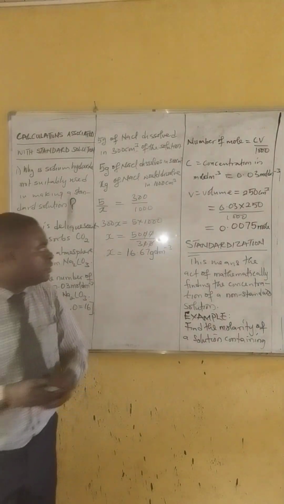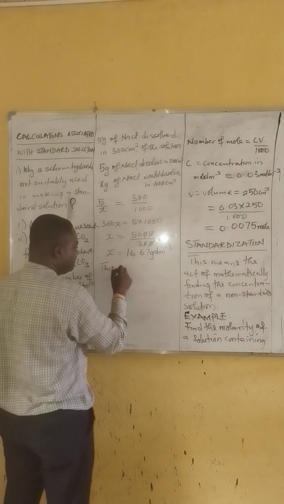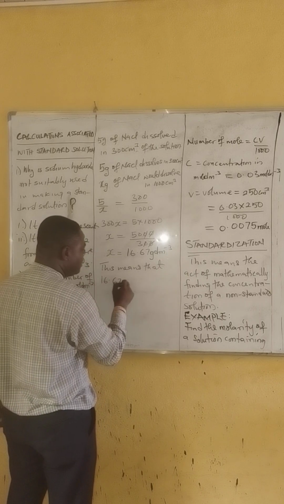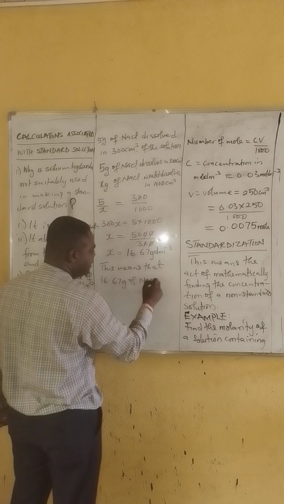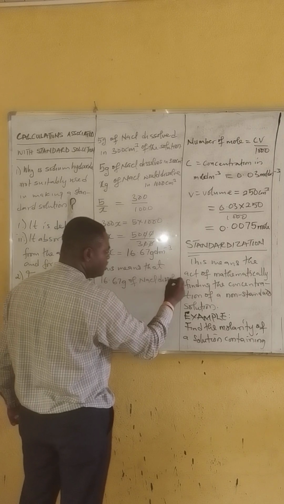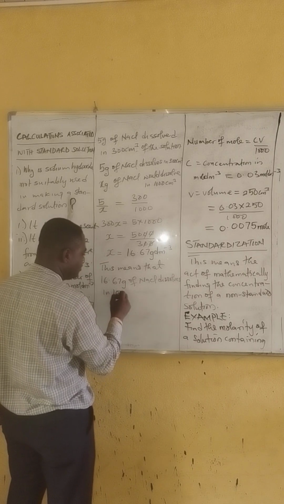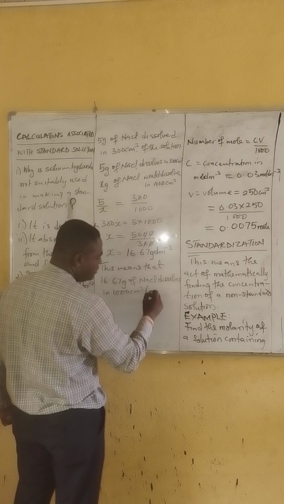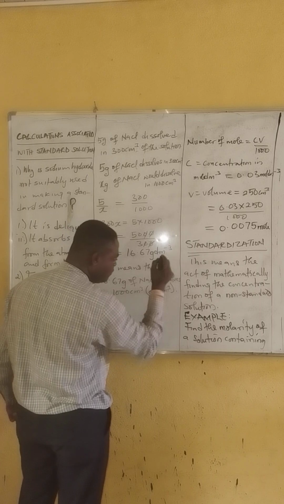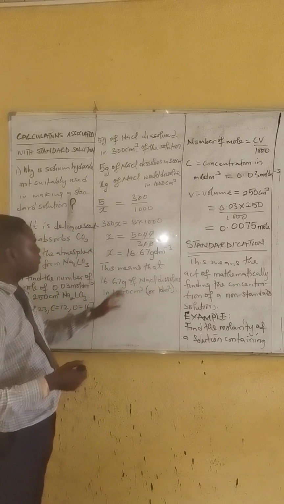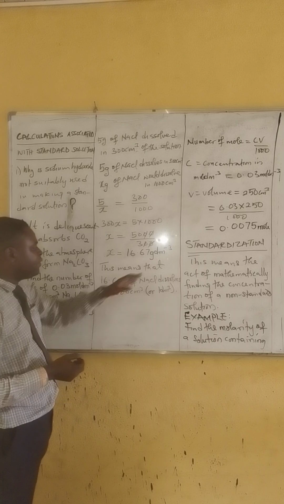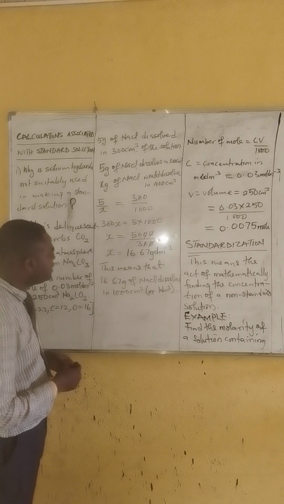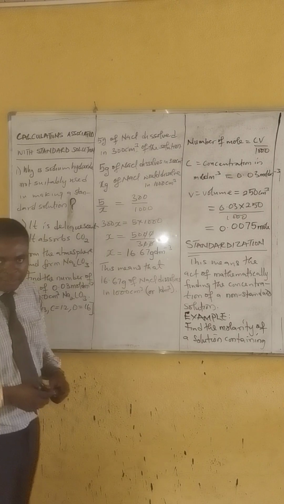And this means that 16.67 gram of NaCl dissolves in 1000 cm³, which is the same thing as 1 dm³. So 1 dm³ is equal to 1000 cm³. So in every 1000 cm³, there is 16.67 grams of NaCl inside.